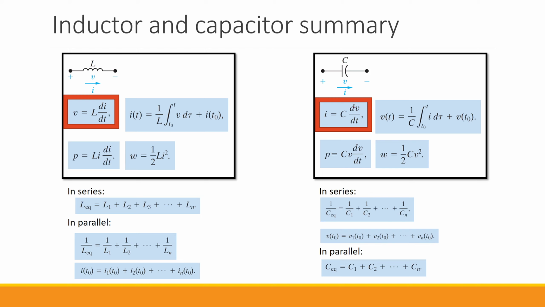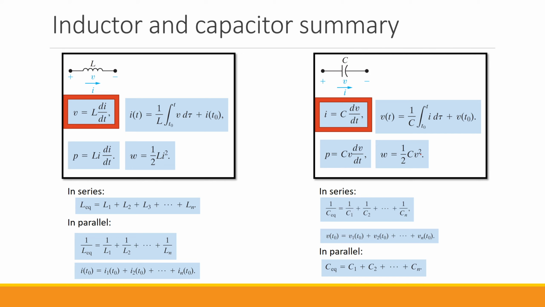Again, by combining the two, we can get the equation for the power, and by taking the integral of this equation, we can get the equation for the energy, which is 1 over 2 CV squared.